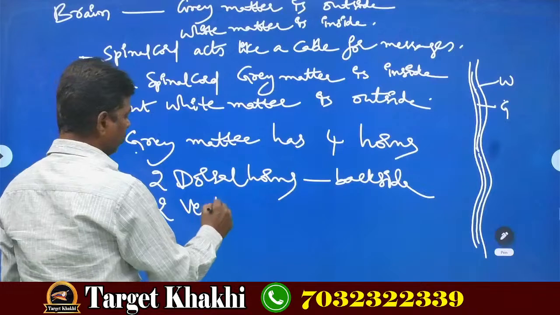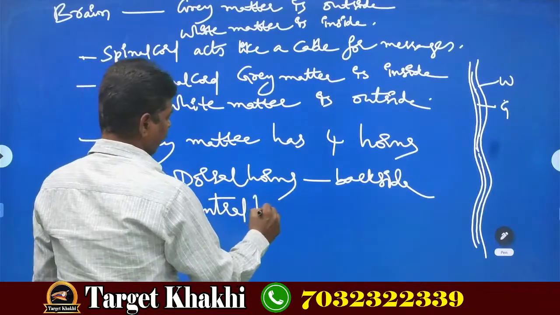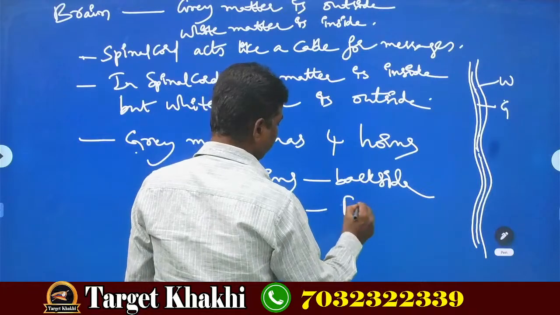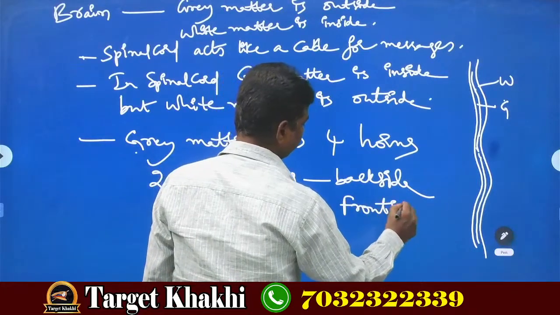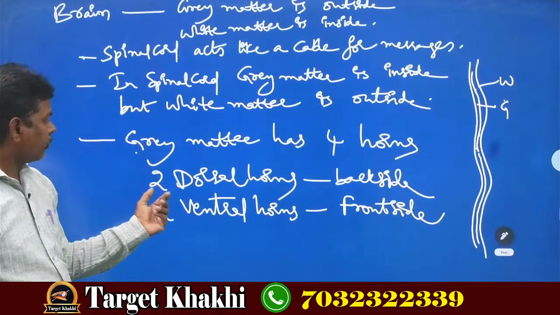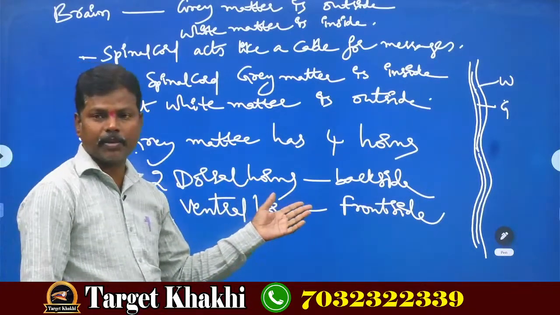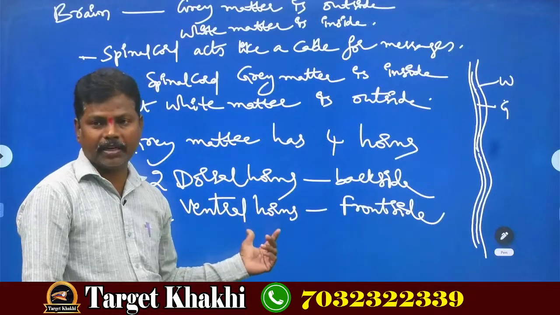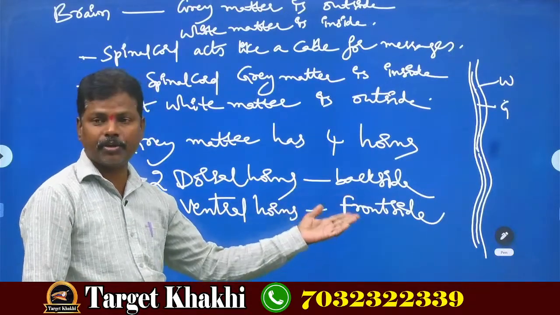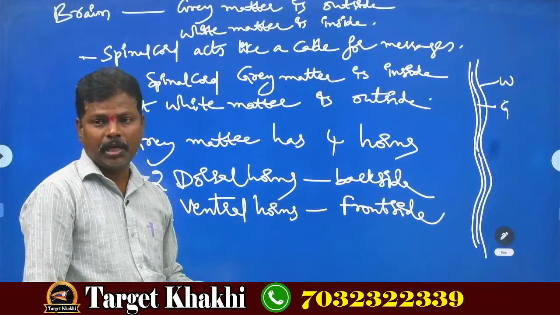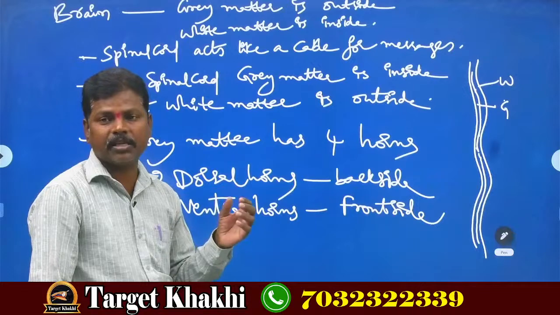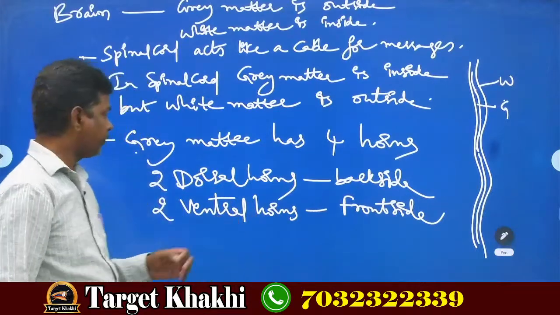Next, 2 ventral horns are present on the front side. Okay? So 2 dorsal horns are at the back and 2 ventral horns at the front. Understood? When I draw the diagram, I will explain the TS of the spinal cord.